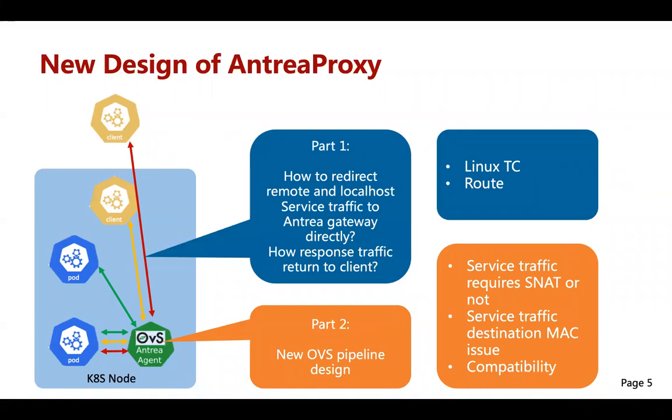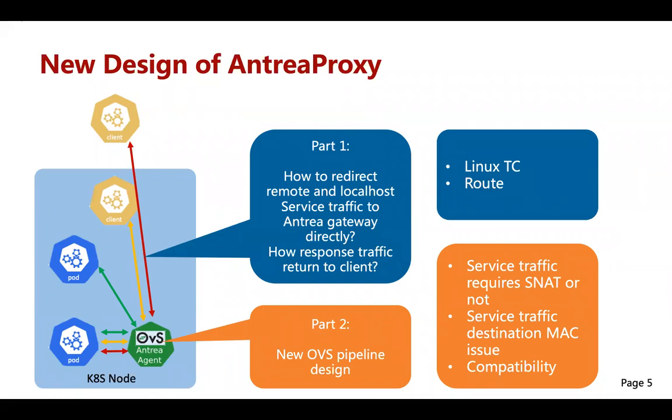The new design uses Linux TC to handle the NodePort and LoadBalancer traffic from remote clients. For NodePort traffic from the local host, Linux TC is used. For LoadBalancer traffic from the local host, the new design uses a route to handle it. The first part resolves the issue of bypassing kube-proxy.